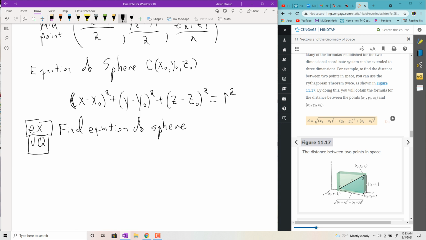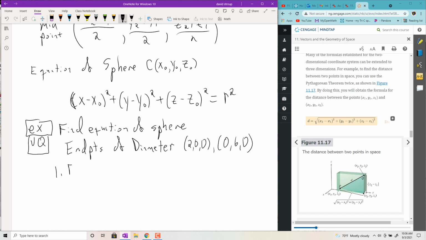Find the equation of the sphere. What they're giving us are the endpoints, so they make it like a puzzle. They give you the endpoints of the diameter, or they'll give you a point on the sphere or stuff like that. So one point is (2, 0, 0), and the other point is (0, 6, 0).